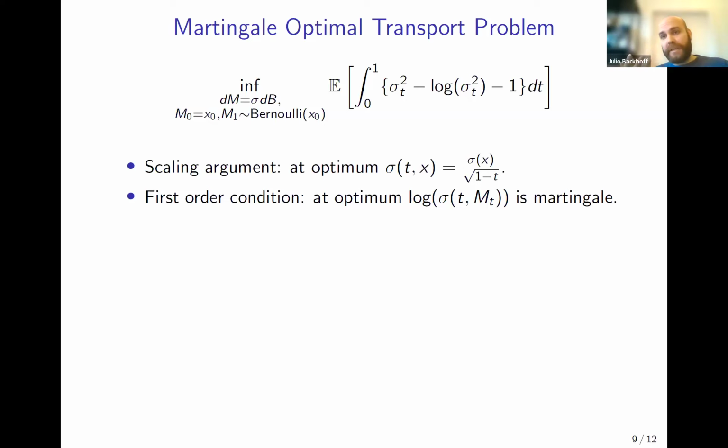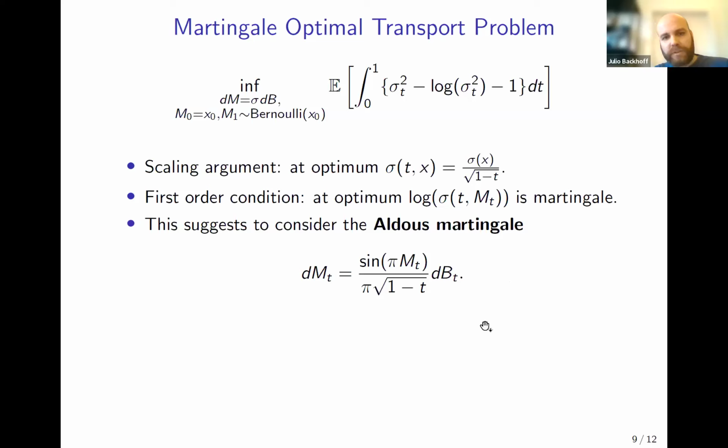And this would give you a new, time-changed martingale, which is suboptimal. And you do the asymptotics of that, and you get the first-order condition, which is that the log of sigma is a martingale when sigma is the optimal coefficient. And now you just plug in Ito's formula and the separation of variables, and this will give you an ODE for sigma(x), and you solve this ODE, and you get the explicit form of the optimal volatility. It's what's written here. Okay.